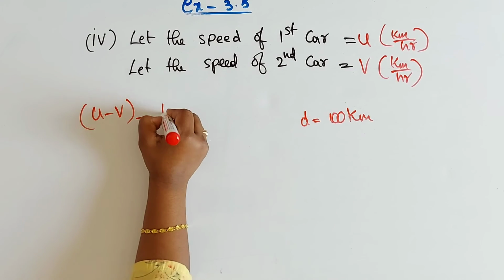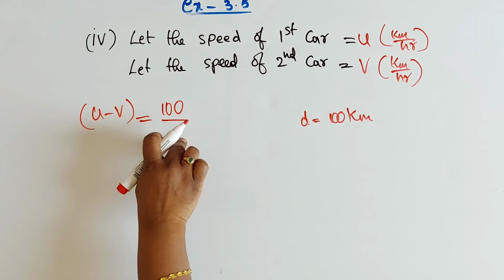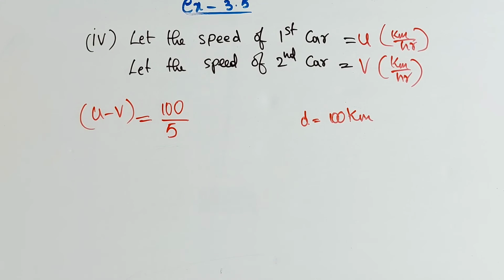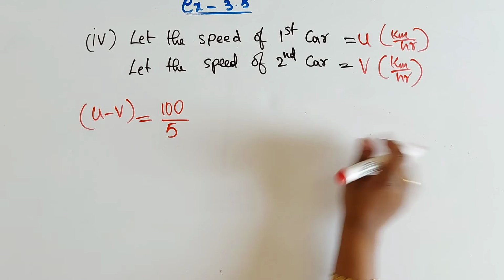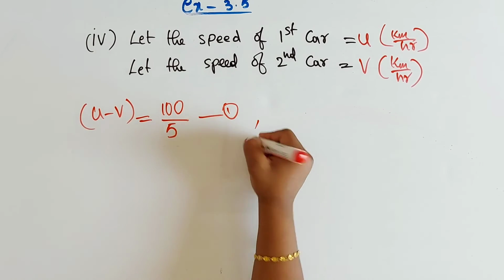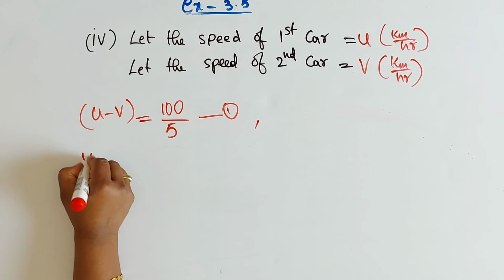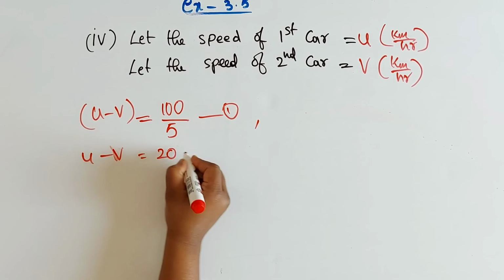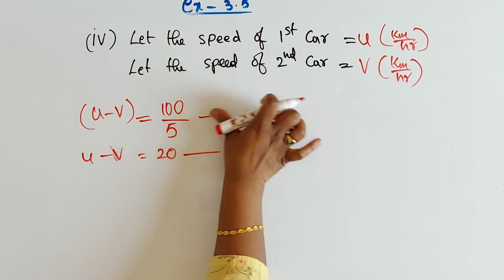Distance means 100 kilometers, divided by the hours, they are meeting in 5 hours. Distance by time is 100 by 5. That means u minus v equals 100 by 5, which is 20. This is the first equation, children.